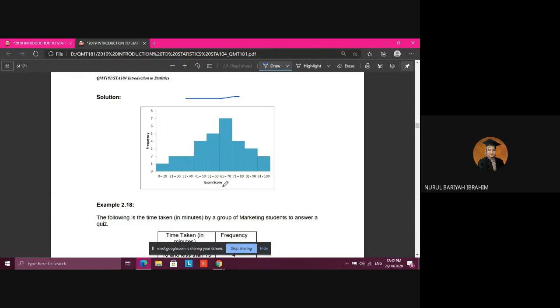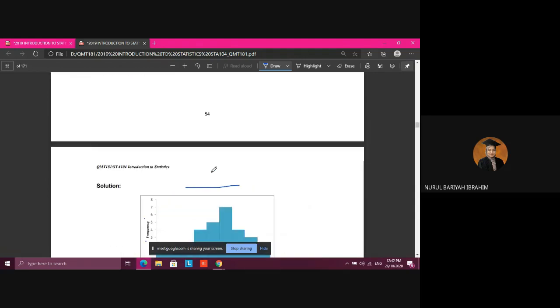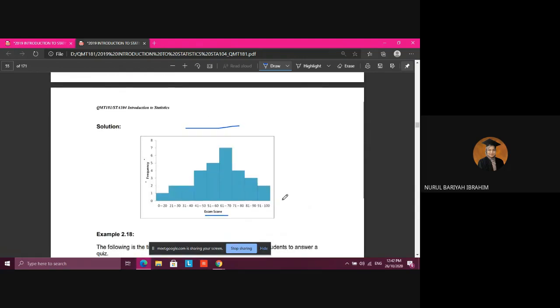And then, the y-axis and x-axis should be labelled, exam score dan juga frequency. Okay, yang ni yang penting, macam mana you nak scale dia punya scale tu. So dia punya graph paper wajib kena gunakan graph paper.